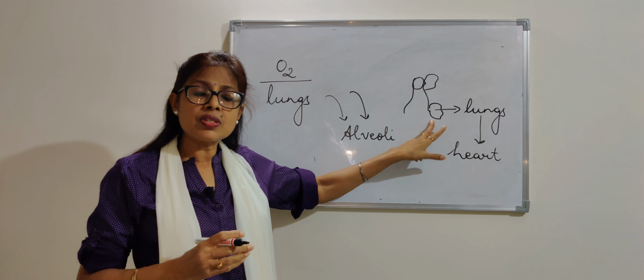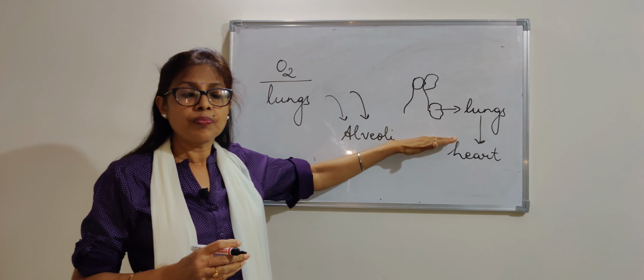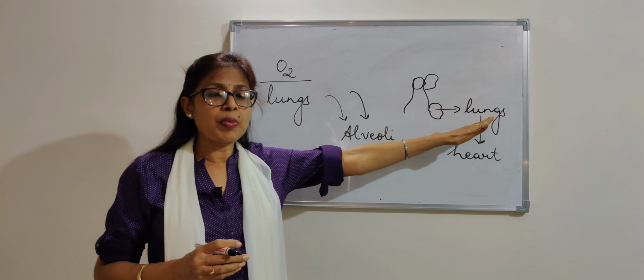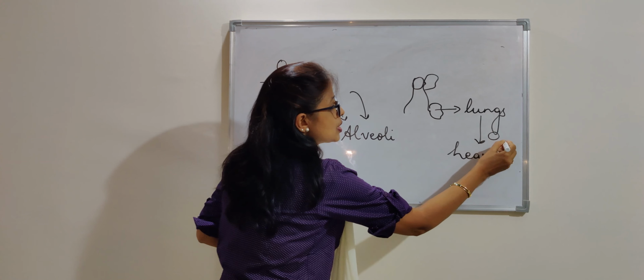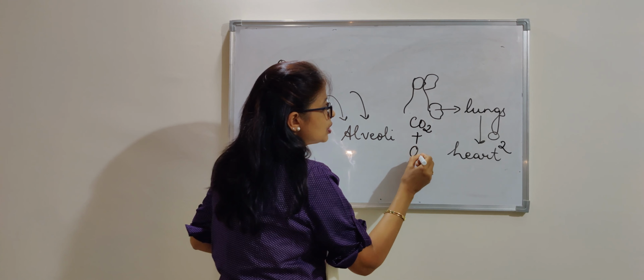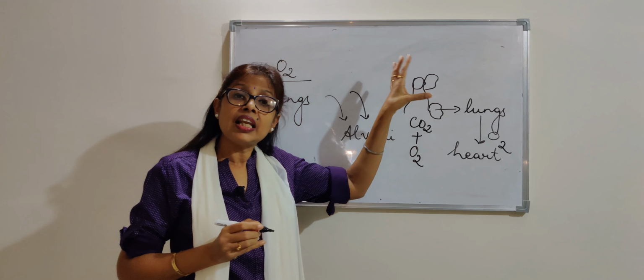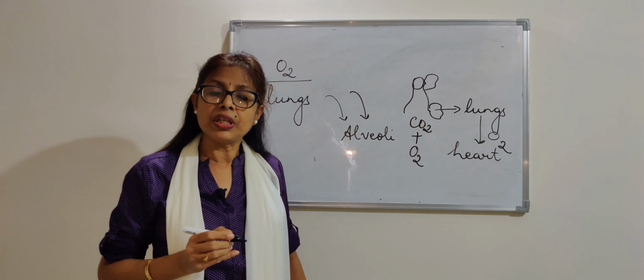So what happens? Whatever amount of air enters, oxygen is passed from the lungs to the heart, but some amount of carbon dioxide and oxygen remains in the lungs till the next round of breathing.